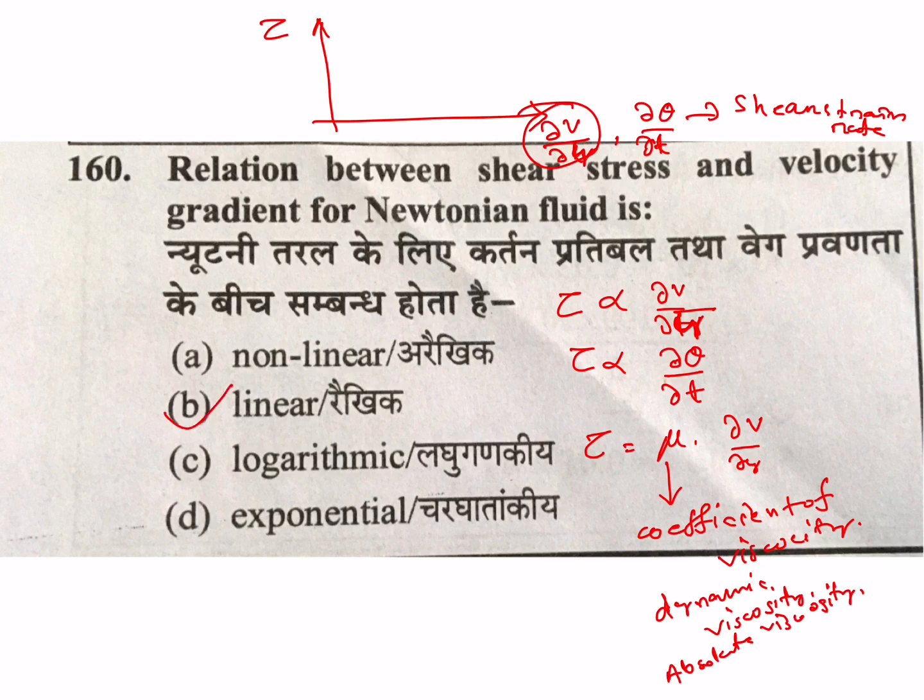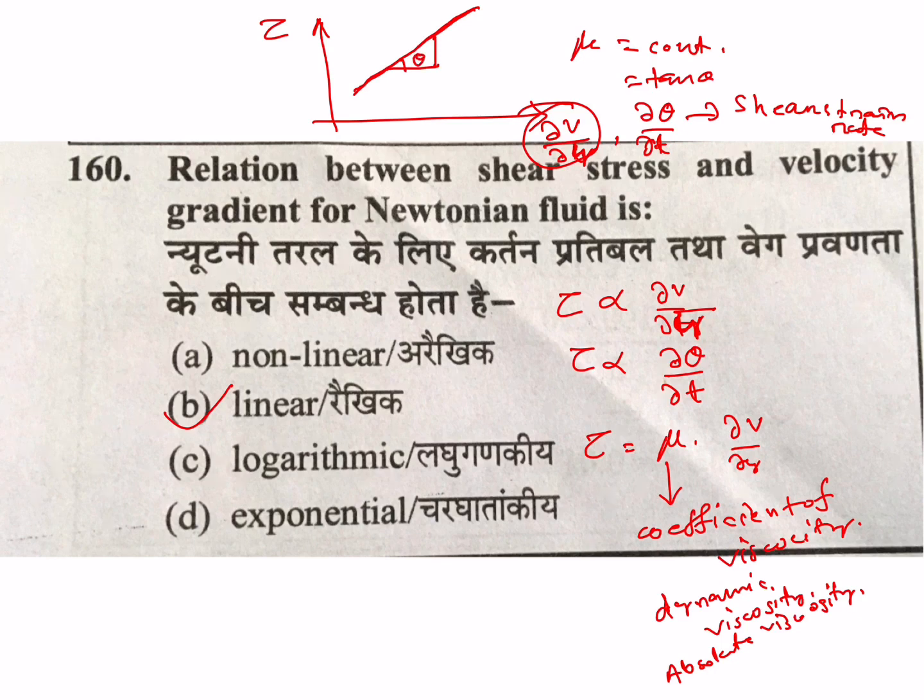For Newtonian fluid, it's linear. It will come like this. You will get a straight line, linear relation. For Newtonian fluid, you will get mu equal to constant, or mu equal to tan theta.